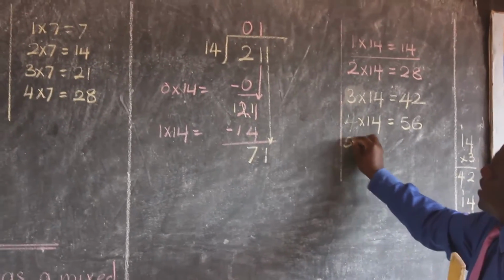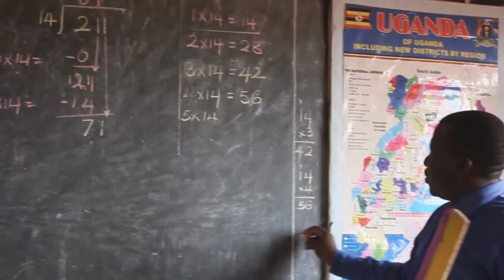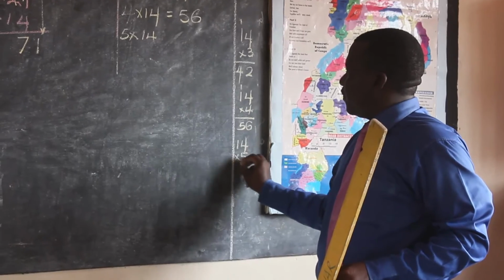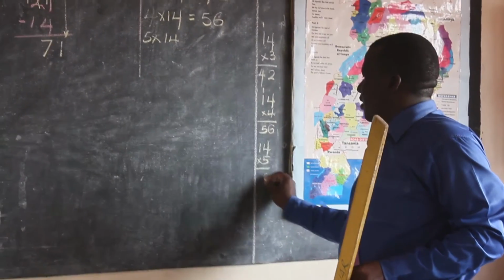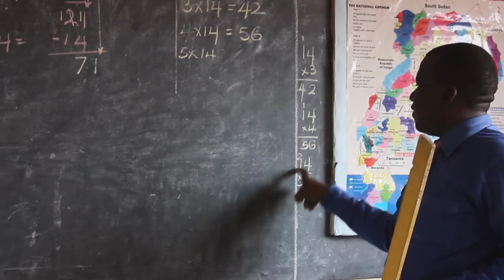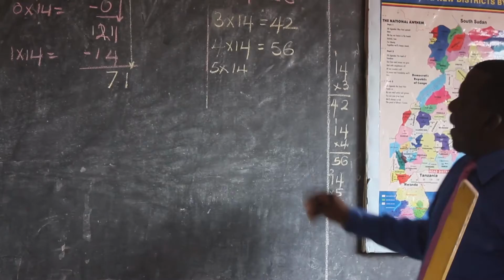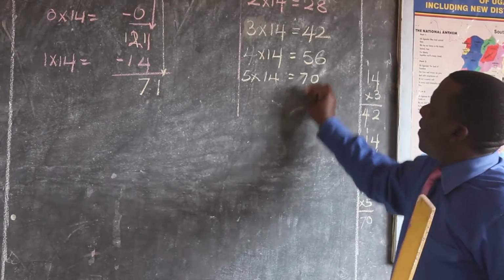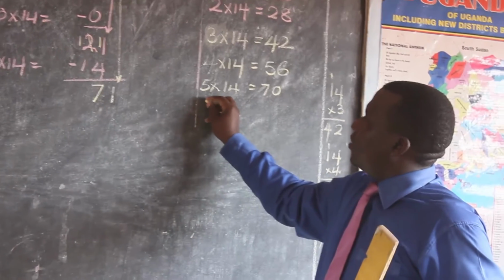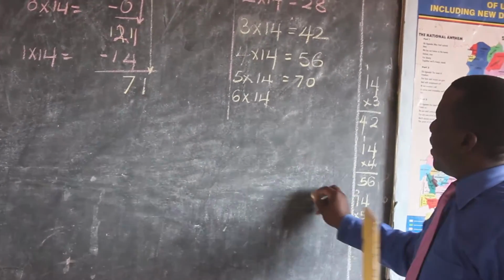You have 5 times 14. So continue looking: what is 14 times 5? You get there 20, right? 0, carry 2. That is 5 plus 2, 7. So you have got here 70. But 70 is still less than 71. If you went ahead, 6 times 14, what would you get?